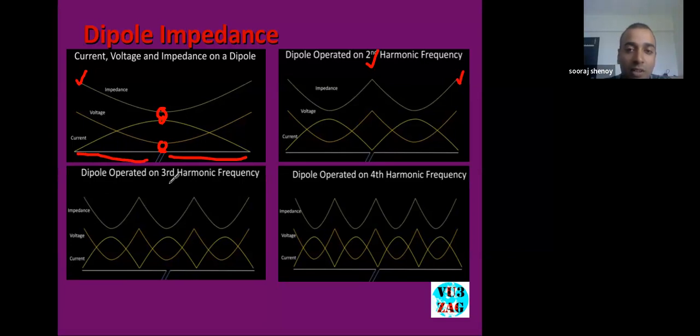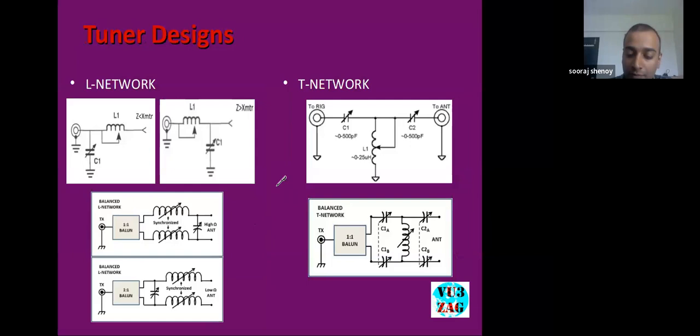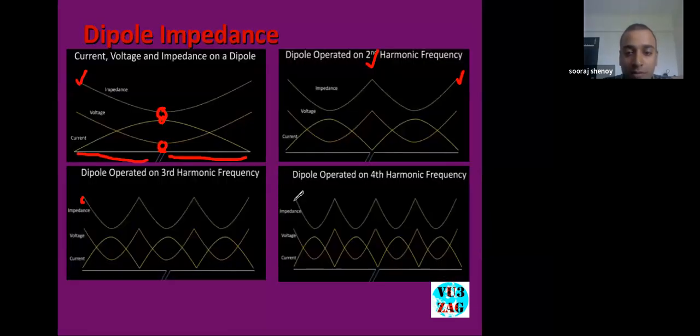Similarly for the third harmonic, 21 megahertz, and 28 megahertz. The common thing you can see is that the impedance is on top at both ends. So we'll be using this phenomenon for designing the tuner.